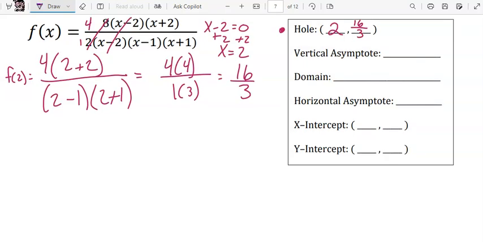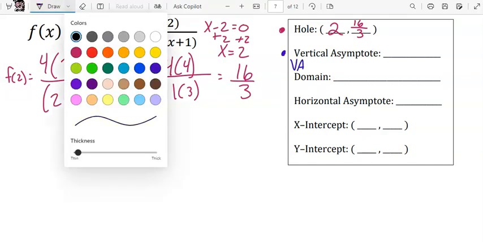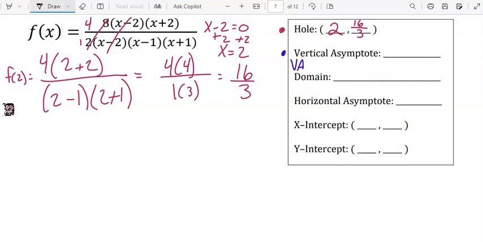Next we'll find the vertical asymptote, also known as VA. So rewrite our simplified function: 4 times (x plus 2) all over (x minus 1)(x plus 1).